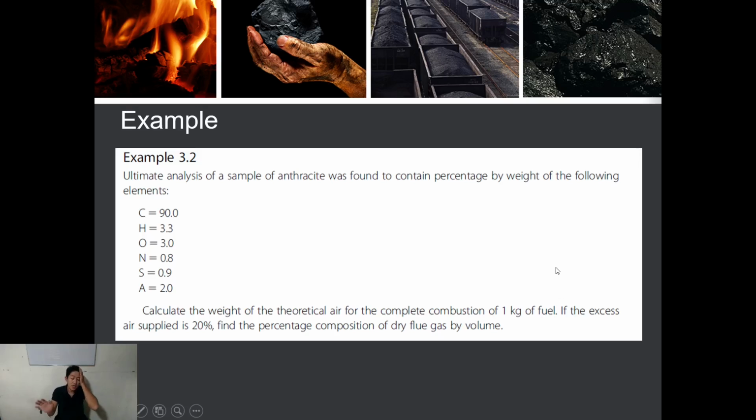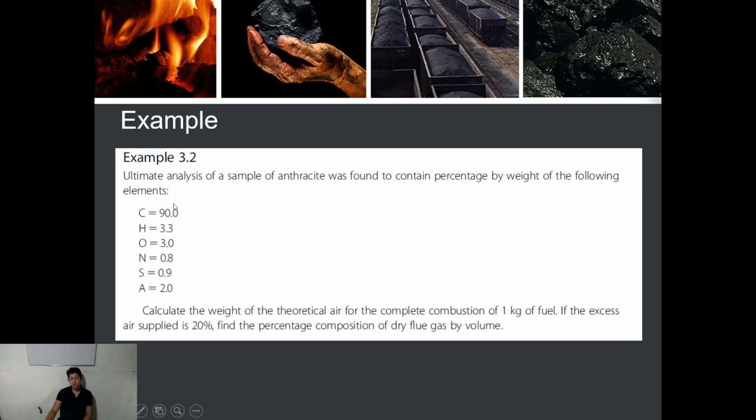So actually, you need to get the air fuel ratio and then multiply by 1 kilogram to get the weight of theoretical air. If the excess air supplied is 20%, find the percentage composition of dry flue gas by volume. So what is asked is a percentage, percent by volume. In order to get it, what are the flue gases?